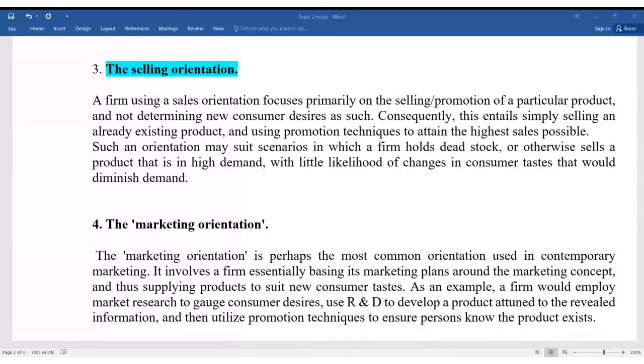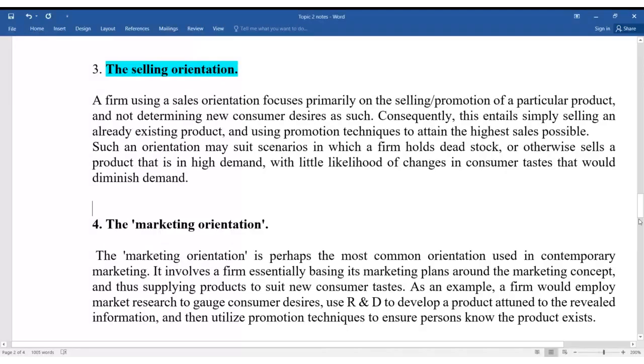So the marketing concept today holds that achieving the organization's objectives depends on determining the needs and wants of the consumer.